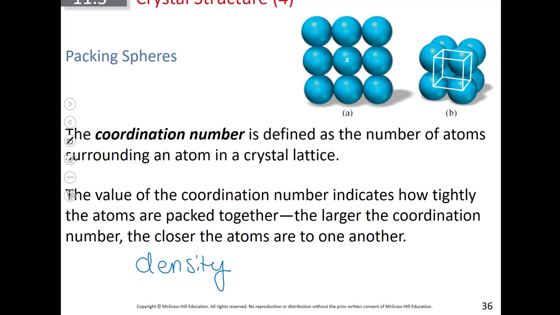Higher density. Good. So higher coordination number, higher density. It's going to be able to pack more atoms in, which means packing more mass into the smaller volume, and that will increase density. Remember way back from Chapter 1, density is the mass divided by the volume. So if we can pack more atoms in, that's going to increase the mass, which will increase our density.